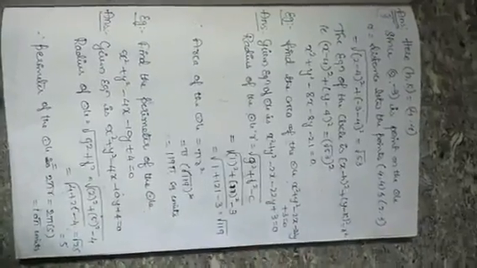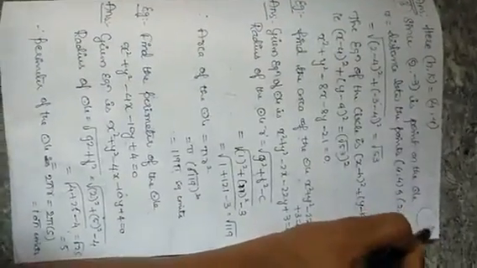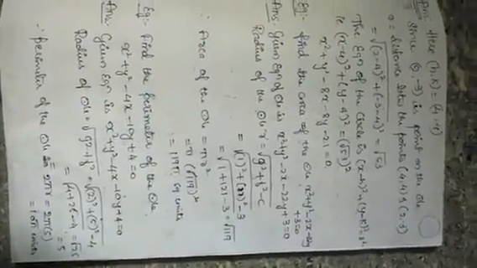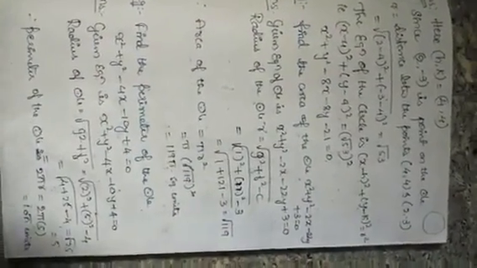Next, coming to the next example, a circle passes through (2, 3), (2, minus 3) and the center is (4, 4). Find its equation. See, they are saying that the circle passes through (2, minus 3).